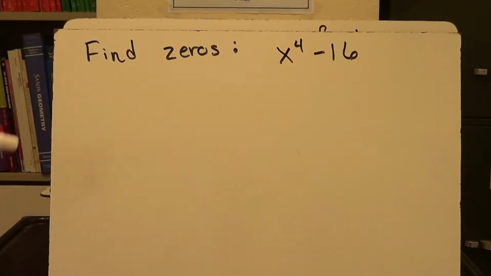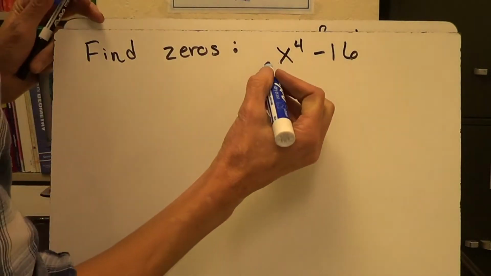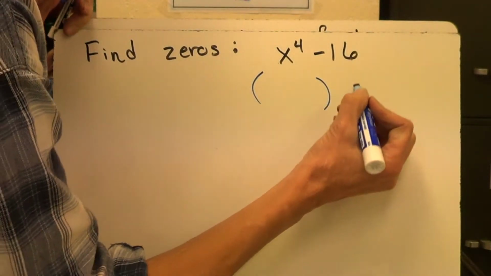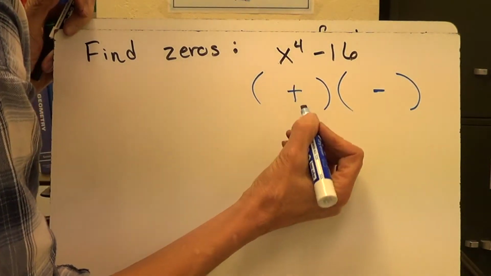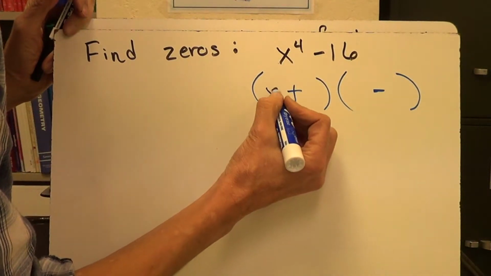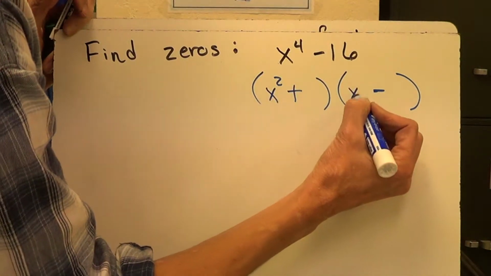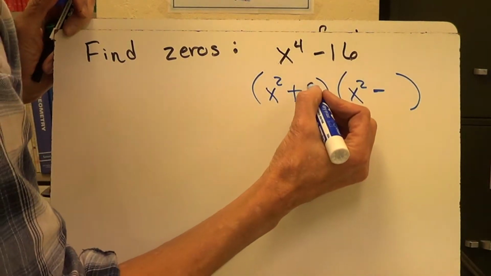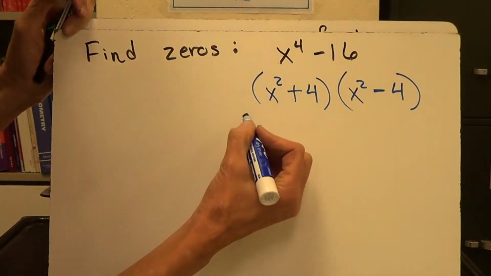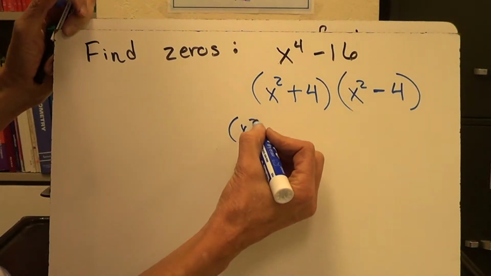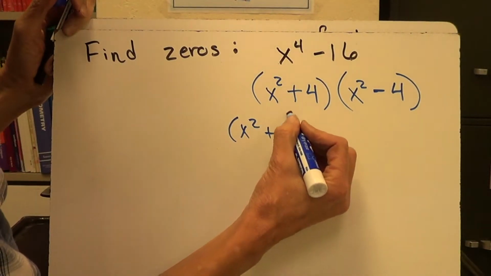This, you should see it as a difference of 2 squares. Thinking about a difference of 2 squares should tell you, hey, I factor this as conjugates because I'm wiping out my middle terms. So the square root of x to the 4th is x squared. Square root of 16 is 4. Now if you look, that's another perfect square, so I write it again, x squared plus 4.